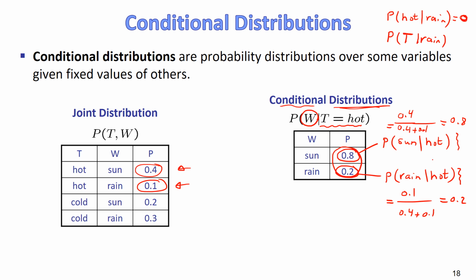Why is that? Because we always divide by the probability of the evidence, which is the same in both cases. Notice something even further, which is that this value 0.4 plus 0.1 is actually the sum of these two values.